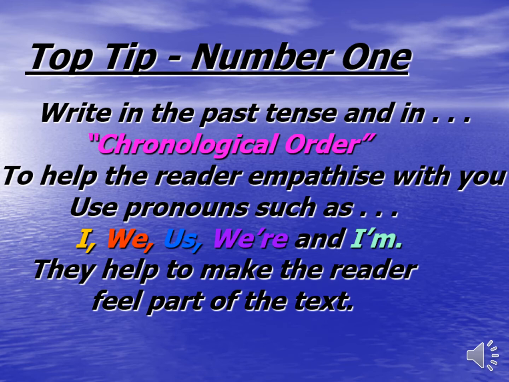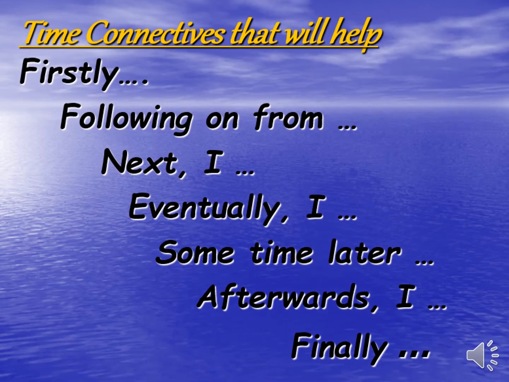They help to make the reader feel part of the text. So these are the first person pronouns. Using connectives is really helpful, like firstly, following on from, next I, eventually I, sometime later, afterwards I, finally.